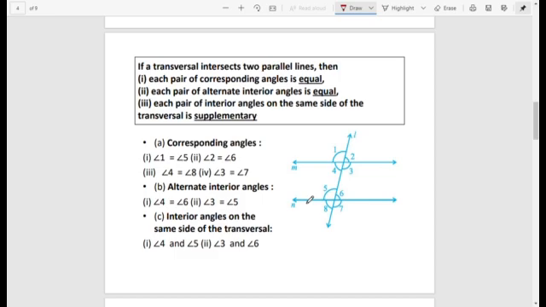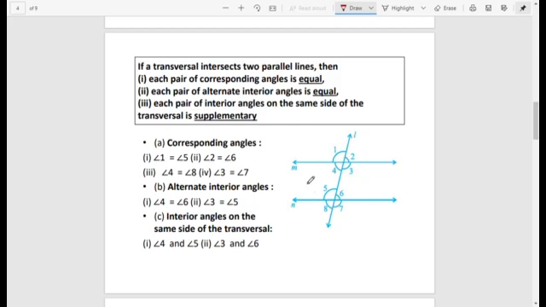Next we will see that if a transversal intersects two parallel lines, then each pair of corresponding angles is equal. Each pair of alternate interior angles is equal. Each pair of interior angles on the same side of the transversal is supplementary.